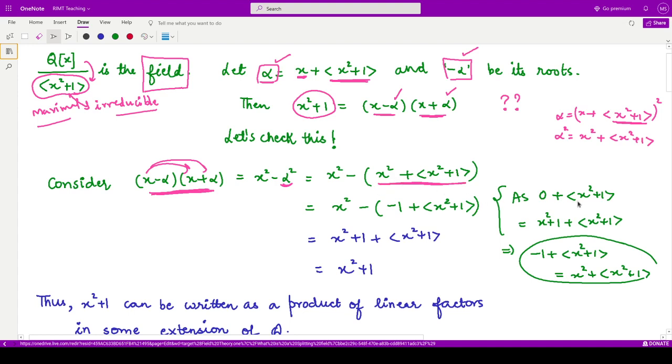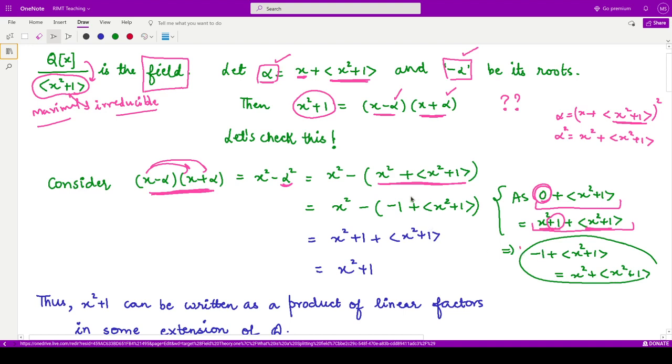So now moreover in the ideal calculation you have this quantity 0 plus the ideal generated by x square plus 1, that would be equal to the ideal generated by x square plus 1, because these two quantities would merge with each other and ultimately you will be able to have 0 only, right? So now you can shift this plus 1 to the left hand side, so you would have minus 1 plus the ideal generated by x square plus 1, that would be equal to x square plus the ideal generated by x square plus 1.